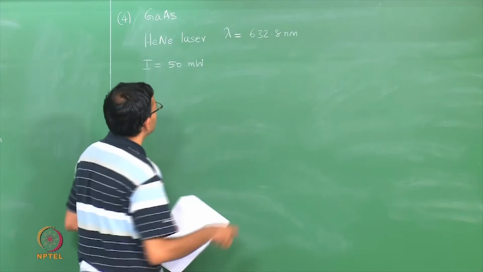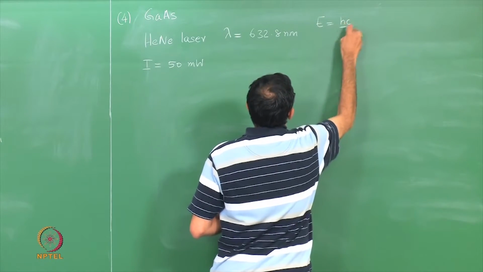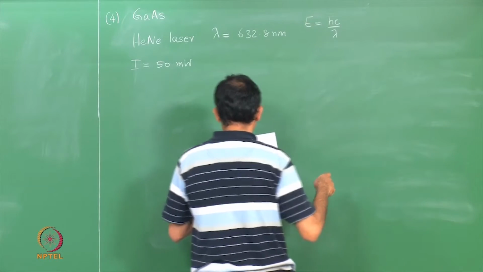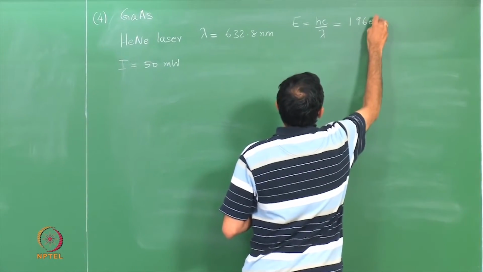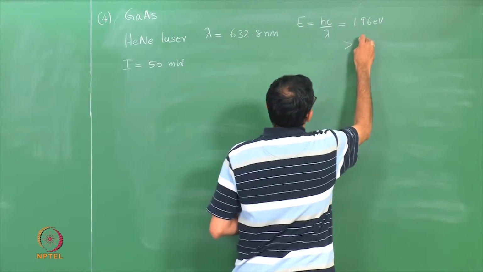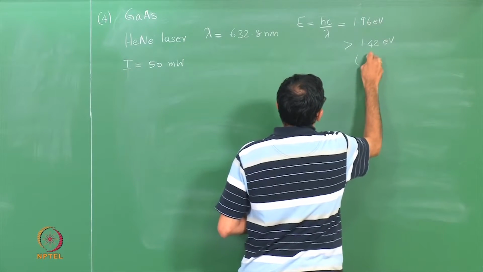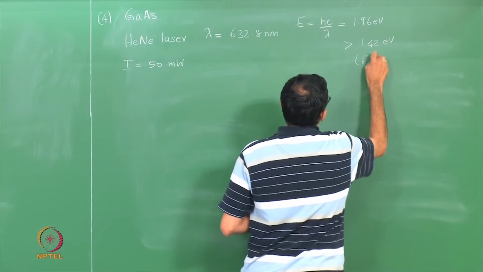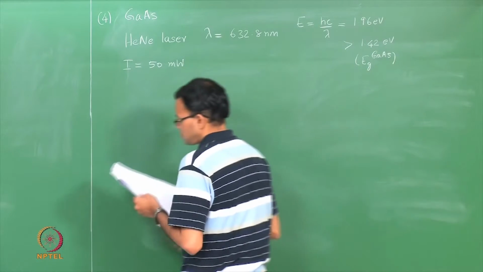So, once again we can calculate the energy E equal to Hc over lambda is 1.96 electron volts. So, this is greater than Eg of gallium arsenide, which is 1.42 electron volts.